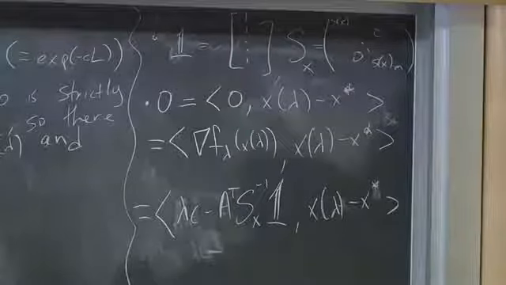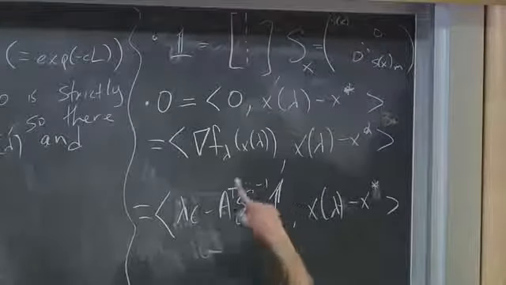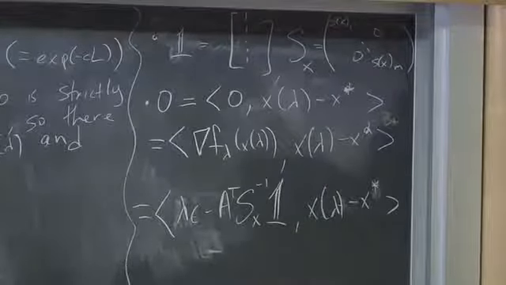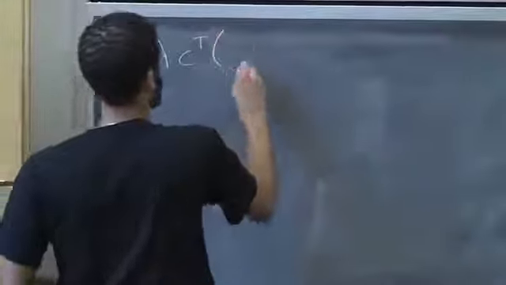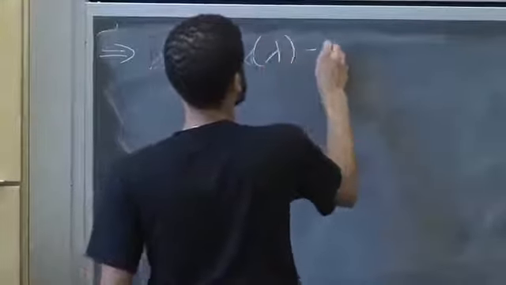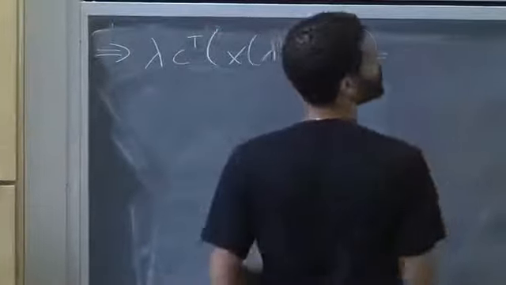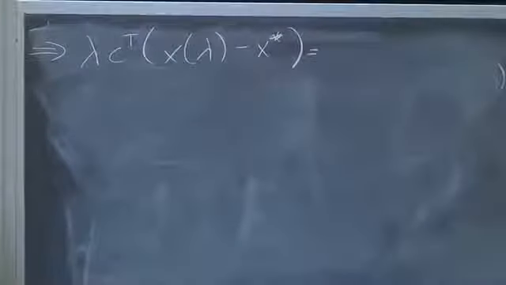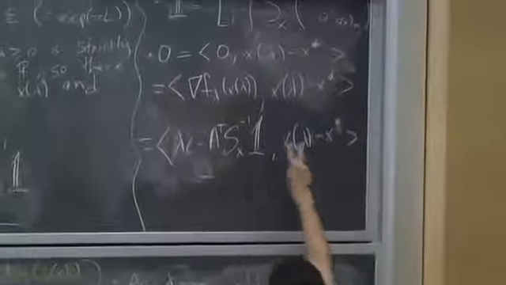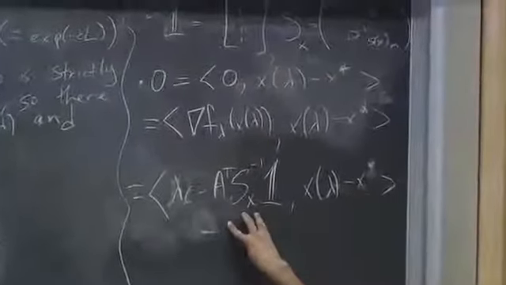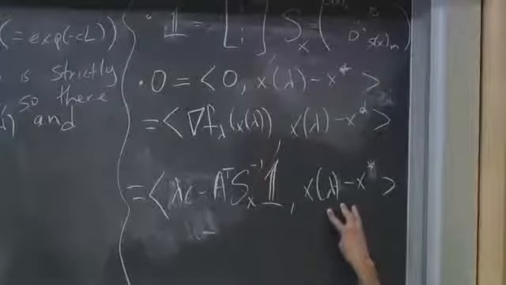Just remember that all of this is equal to 0, which implies that lambda c transpose times x lambda minus x star is equal to, so you have two terms here: lambda c transpose times this thing, and then this vector dotted with this thing.